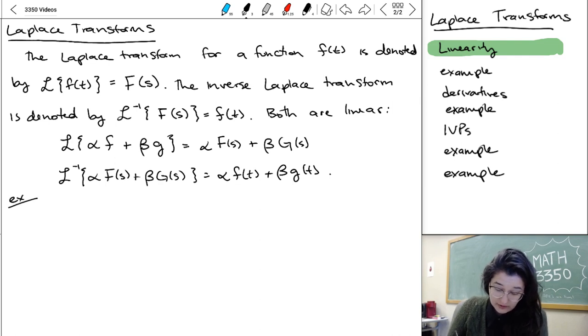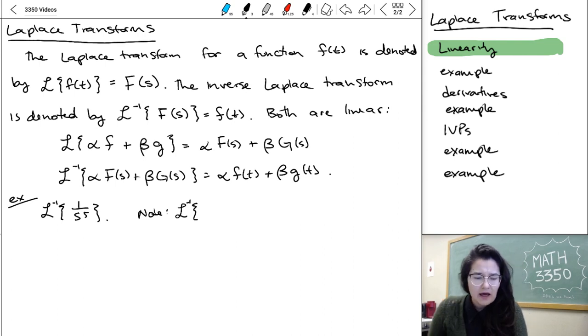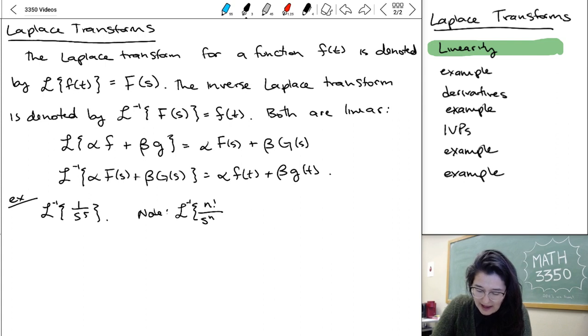So for example, if we wanted to find the inverse Laplace transform of 1 over s to the 5th, we're going to remember that the inverse Laplace of n factorial over s to the n plus 1 is t to the power n, for numbers n equal 1, 2, and so on and so forth.